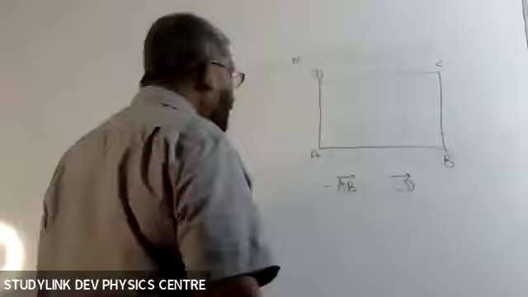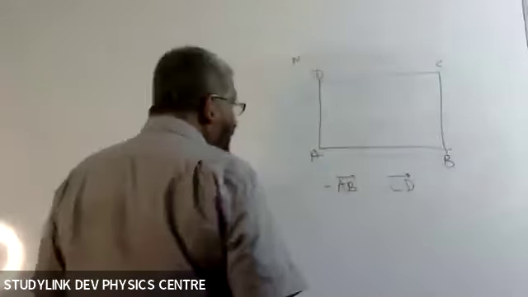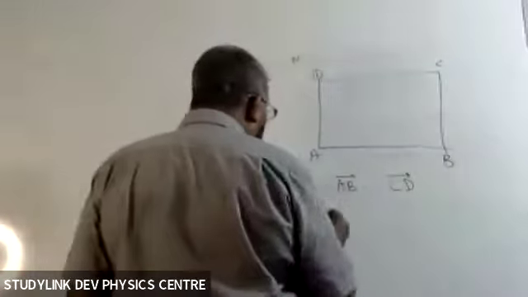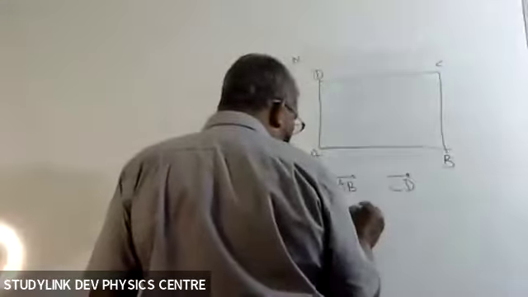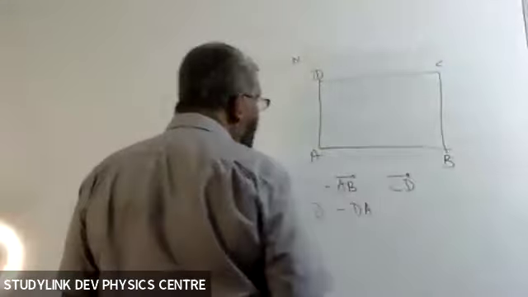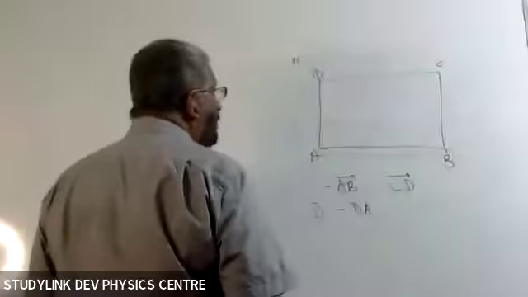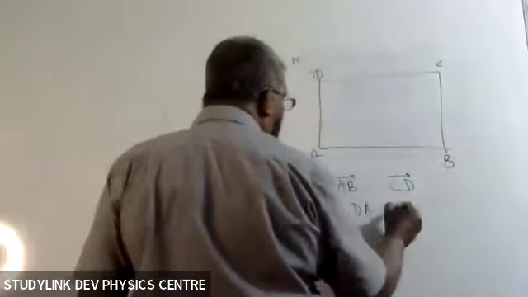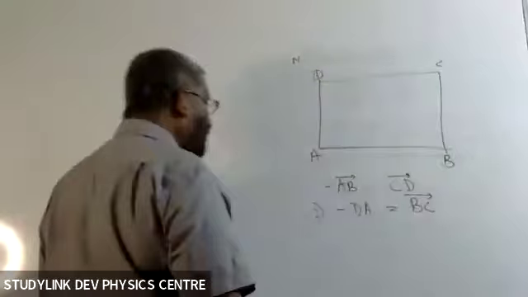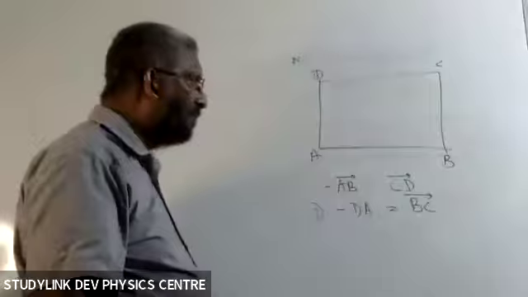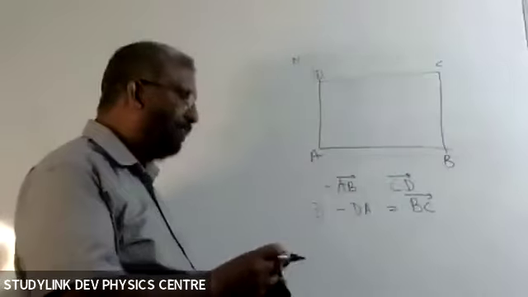Next one, second one, the negative vector of DA is equal to vector BC. You have to prove those two.